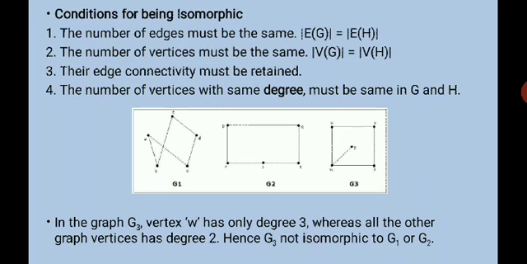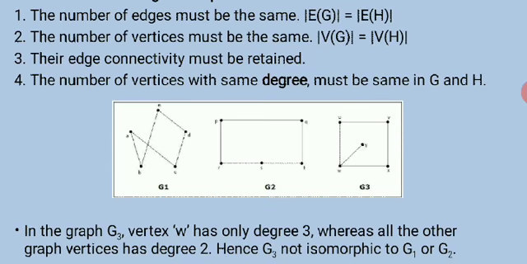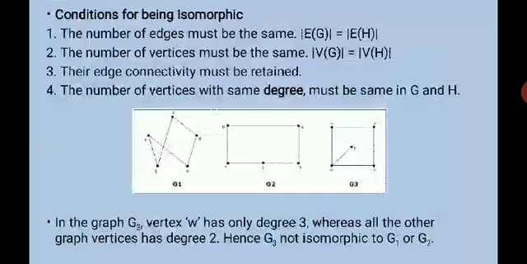G3 is in no way an isomorphism because it has a degree that is more than that. So G1 and G2 are isomorphic and G3 is not. You also have corresponding edges 1 2 3 4 5, 1 2 3 4 5, and you see this is an isomorphism of G1 and G2.